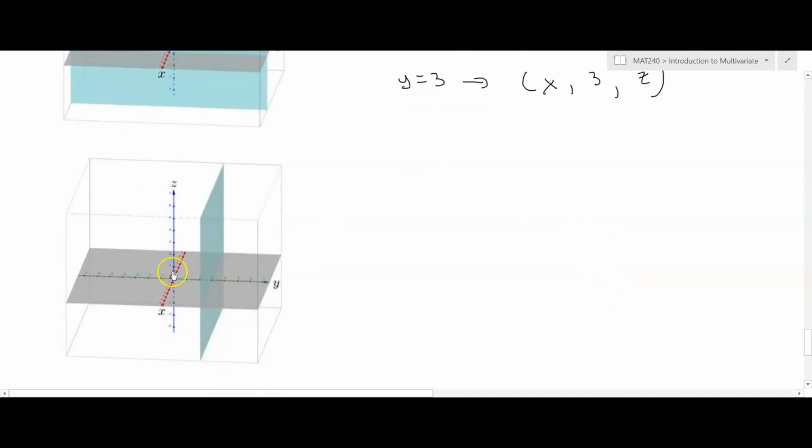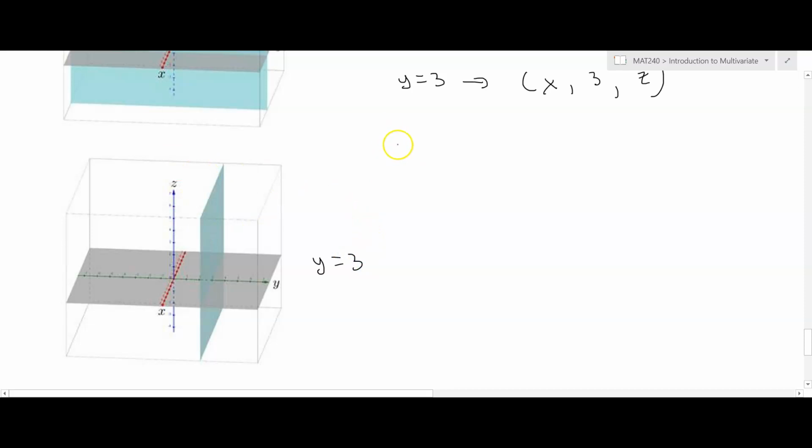In this graph, I see that this plane forces y to be fixed at 3. I can move forward and backward, I can move up and down on this plane, but I can't move left and right because this blue sheet of paper limits me to a y value of 3.